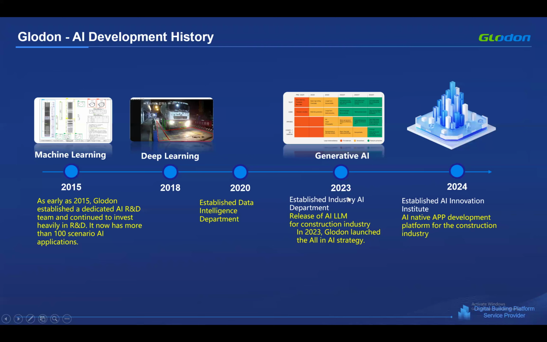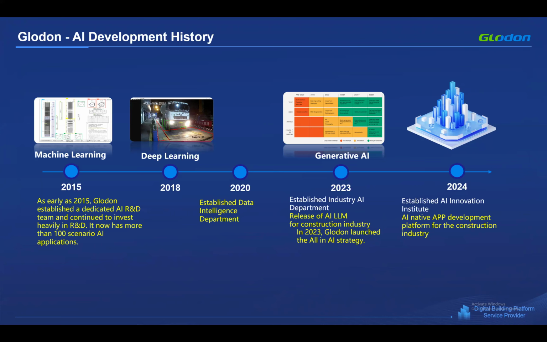So this is a big company, and this is the global AI development history. We started with machine learning, then we adapted to deep learning. Then in 2023 we introduced one feature similar to Siri.